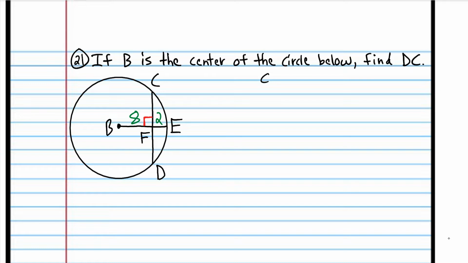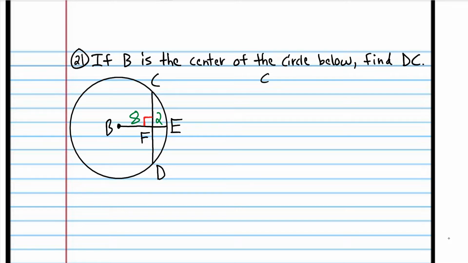So we're going to use the perpendicular diameter theorem. If a diameter or a radius is perpendicular to a chord, see that red box, perpendicular to a chord, then the radius bisects the chord and its arc.